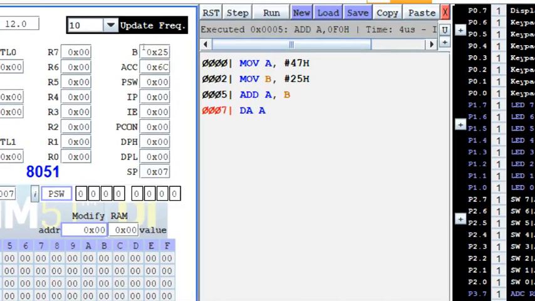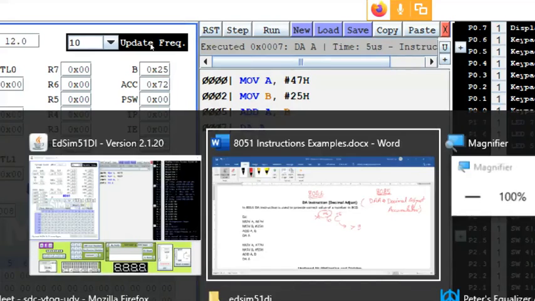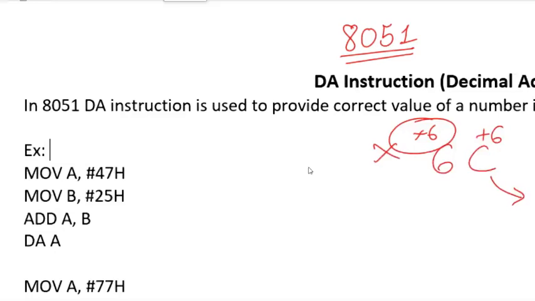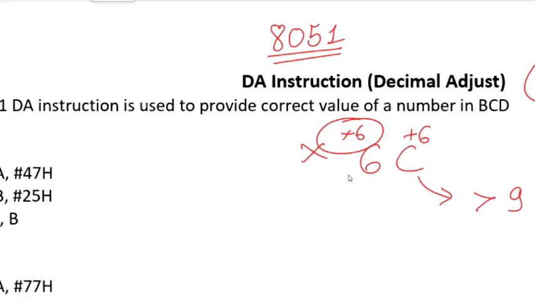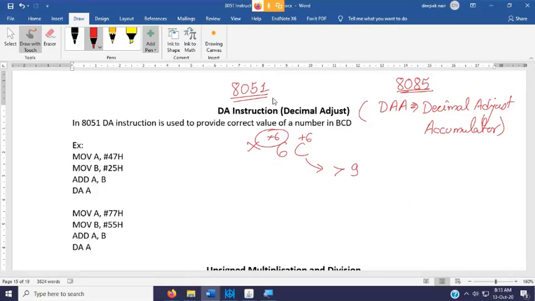Right now in the accumulator we have 6C. Now I am going to decimal adjust the accumulator, so the content of the accumulator is going to be decimally adjusted. Now you see 72 is the answer. C was added with 6, and you got 72.